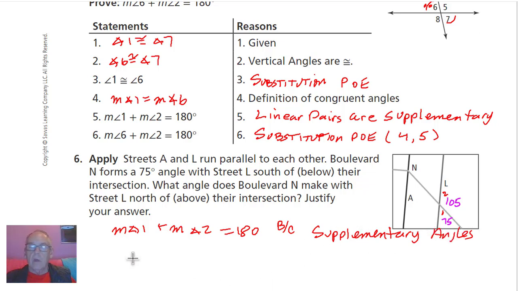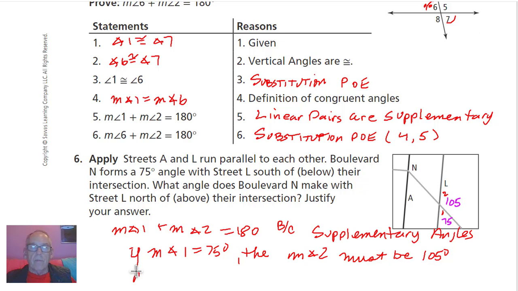And that means that if the measure of angle 1 is 75 degrees, then the measure of angle 2 must be 105 degrees, because 180 minus 75 equals 105. And so we found the measure, and then we gave the reasoning behind it.